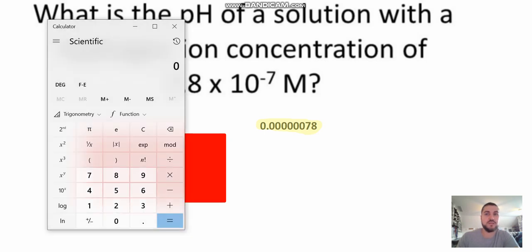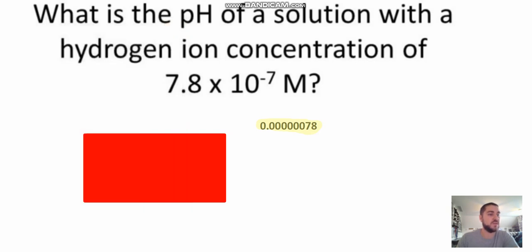So I'll take 0.0000000. So I've got 7 zeros here, 1, 2, 3, 4, 5, 6, 7, yep. And then I'll hit 78, and I'll take the negative logarithm of this. Now, once again, this comes out as a negative number, but it's because I didn't take the negative logarithm. So I'll hit the little plus-minus button here on the bottom of the calculator, and it switches it to about 7.1 as the pH.